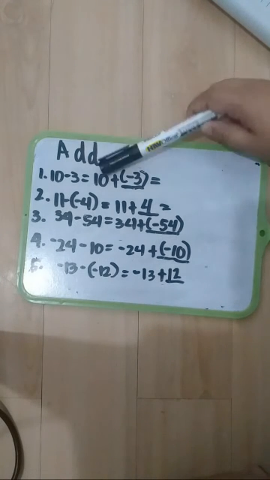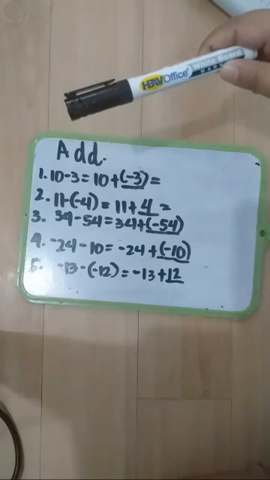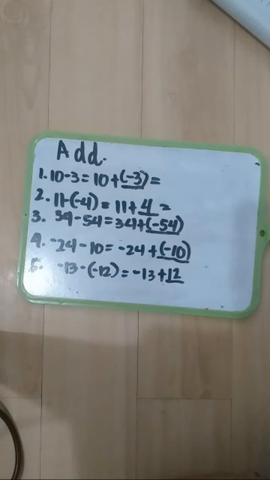Ang absolute value ng 10 ay 10 lang. Number 1, you have to follow the sign of the bigger number. So, number line to, kung nasa number 10 ka, hahakbang ka ng 3 pakaliwa.